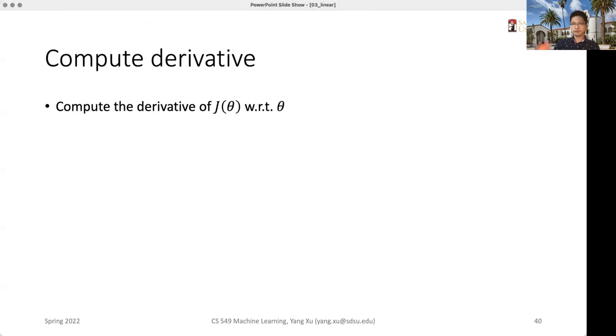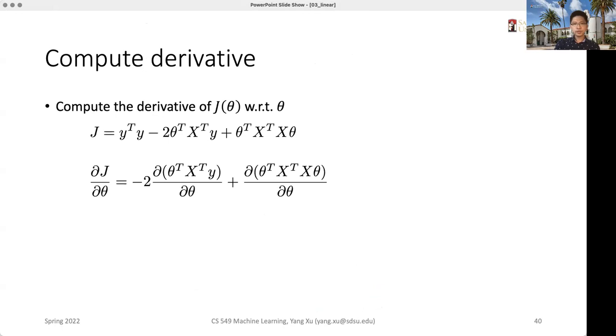We can compute the derivatives of the cost function with respect to theta. And our knowledge in linear algebra and calculus can help us accomplish this. For example, the term theta transpose times X transpose times y, when we take the derivative of it with respect to theta, it's just like a linear term.